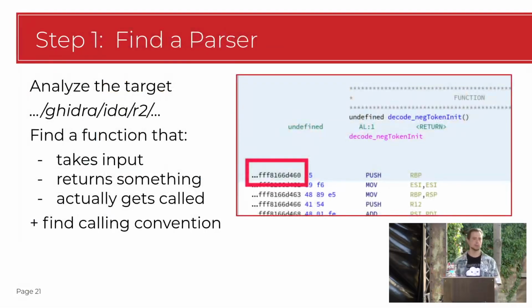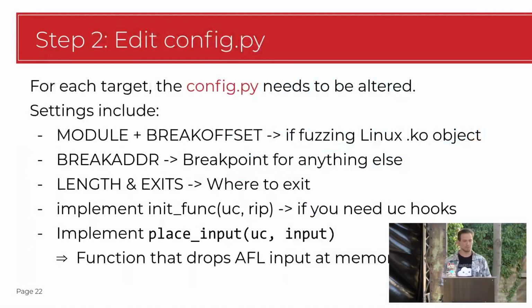Then you find a parser. That's the biggest manual task. There's lots of manual analysis involved because you don't know where a parser is. It's this huge blob, so you drop this huge kernel into something and look for something that looks like a parser. It takes input, you know where the input goes to, and it gets an output, right?